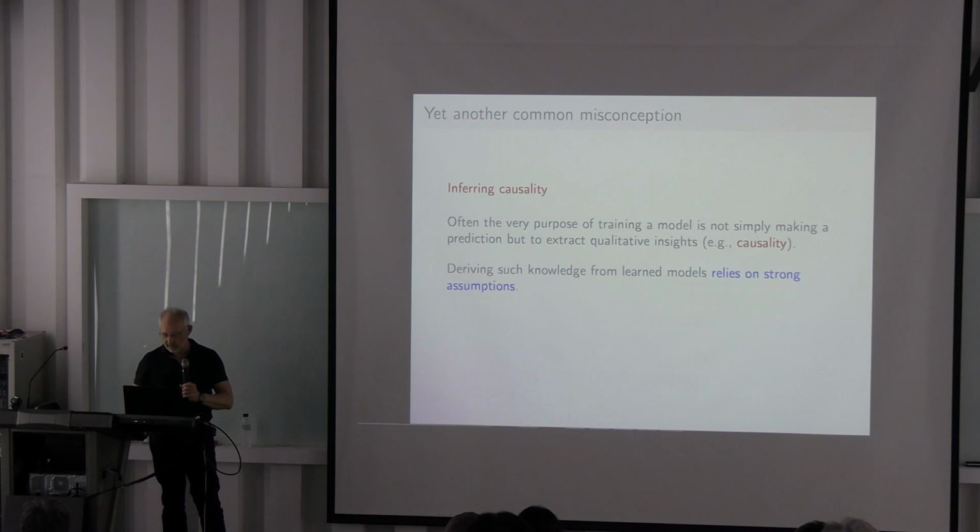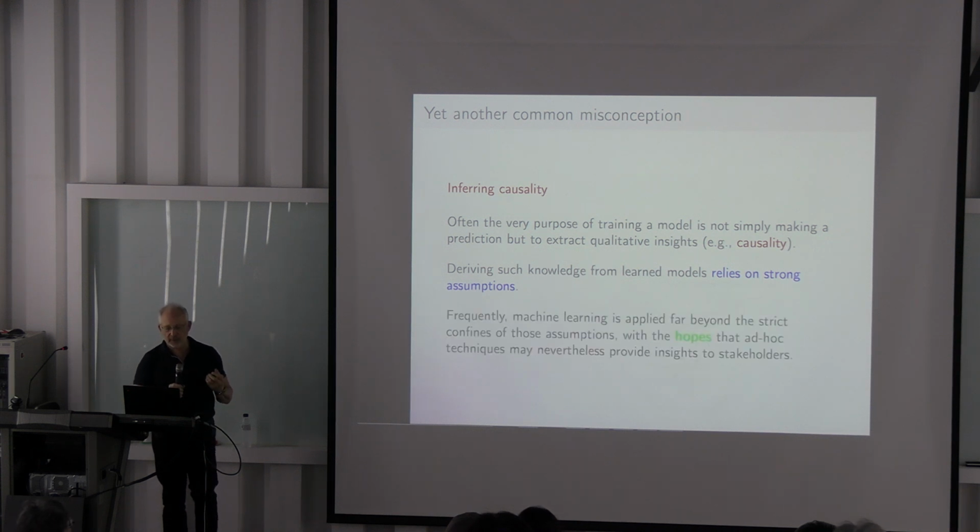But what happens in practice is that machine learning is being applied to reach causality conclusions in the hope that those assumptions hold, but without any justification that the assumptions really hold. So I think we have to be very careful when we try to use machine learning tools to infer causality, because the only way we know how to mathematically handle causality is by making very strong assumptions, and those assumptions usually don't hold in practice.